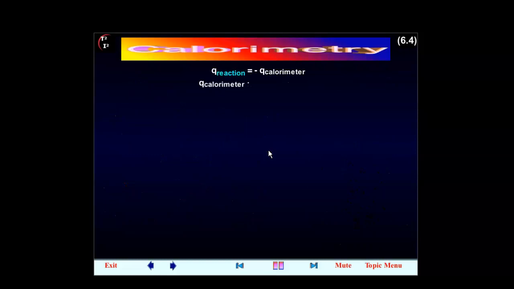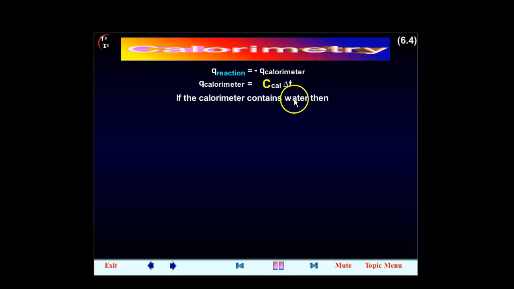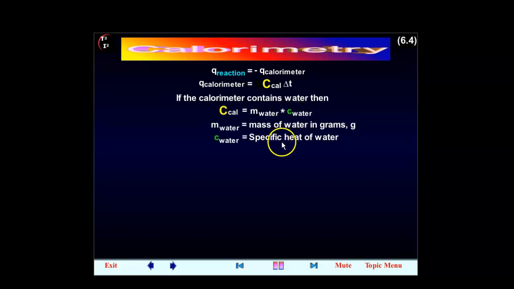Q calorimeter equals C calorimeter times delta T. If the calorimeter contains water, then C calorimeter is equal to M water times C water. M water equals mass of water in grams. C water equals specific heat of water equals 4.18 joules per gram per degree Celsius.